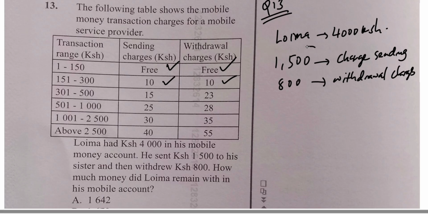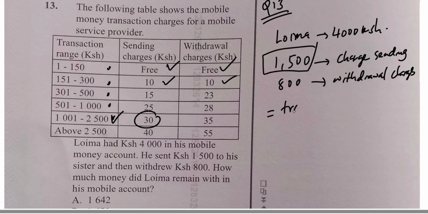Now for 1,500, if he sends 1,500, how much will he incur as a sending charge? So 1,500 is in which category? Is not here, not here, not even here, it is here. If you send anything in the range 1,001 to 2,500, you incur a 30 shilling cost.